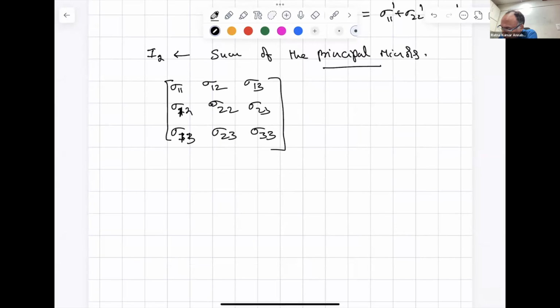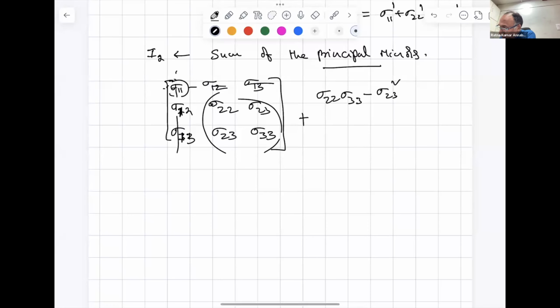Principal minor means first you take this element. The minor of that will be, you remove that row and that column, then the determinant of the remaining matrix, sigma 2, 2 sigma 3, 3 minus sigma 2, 3 square. That is the first principal minor.